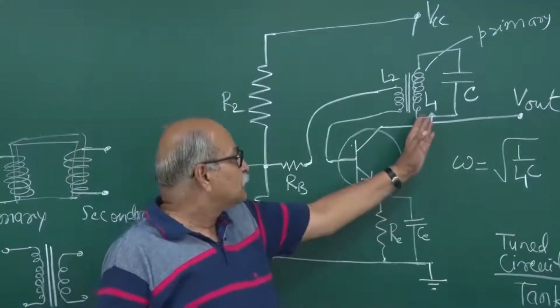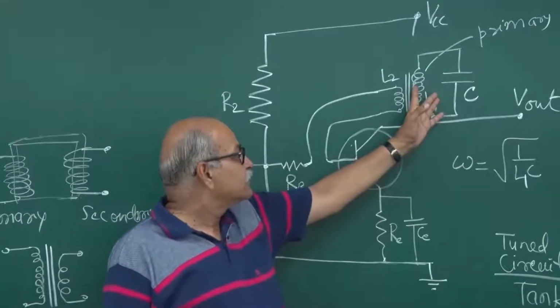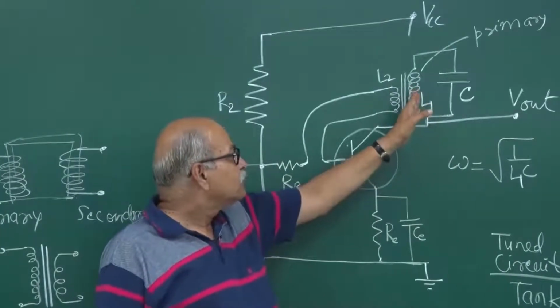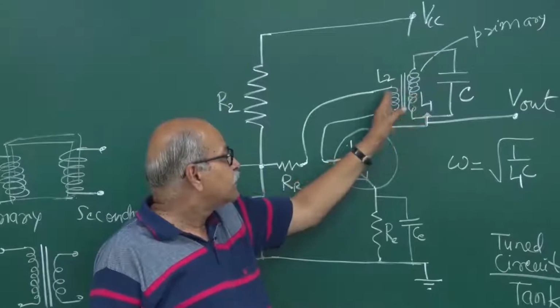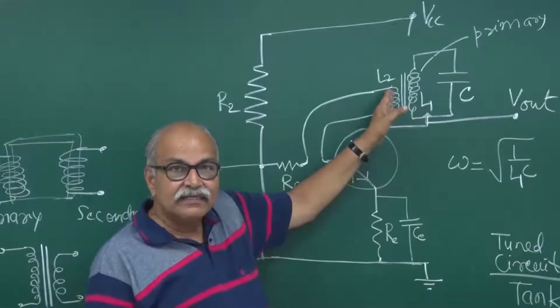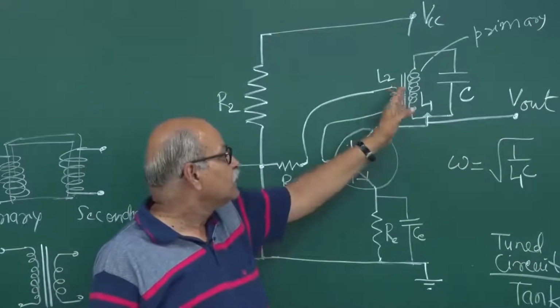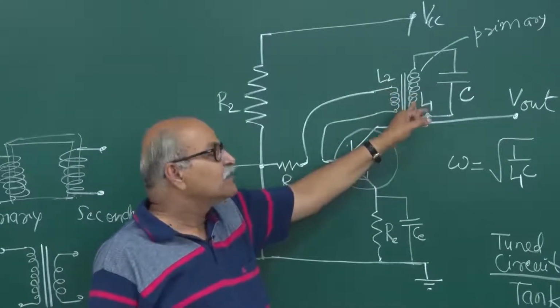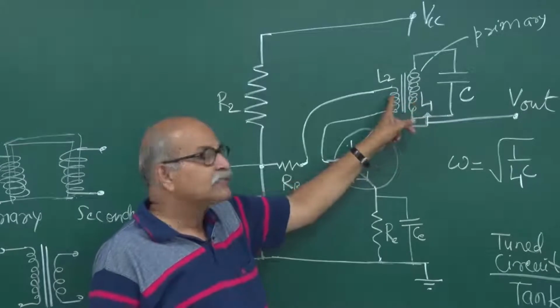So whatever is the oscillations here, when this transformer primary and secondary coupling is made, the direction of winding ensures that there is a 180 degrees of phase change between this part and this part.